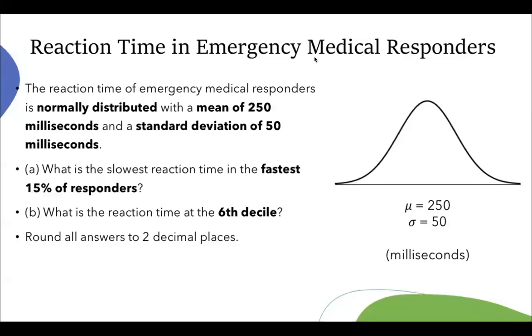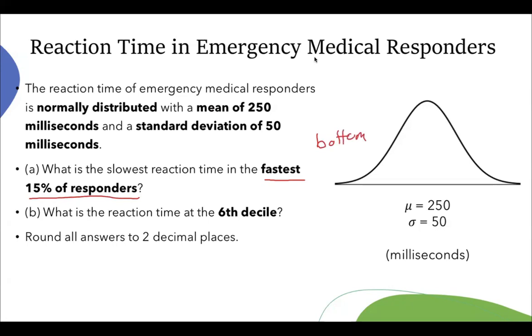So these questions were a little trickier about reaction time. If the question says, find the slowest reaction time in the fastest 15% of responders, we have to recognize that the fastest responders, those that respond quickest, are actually on the bottom of the curve.